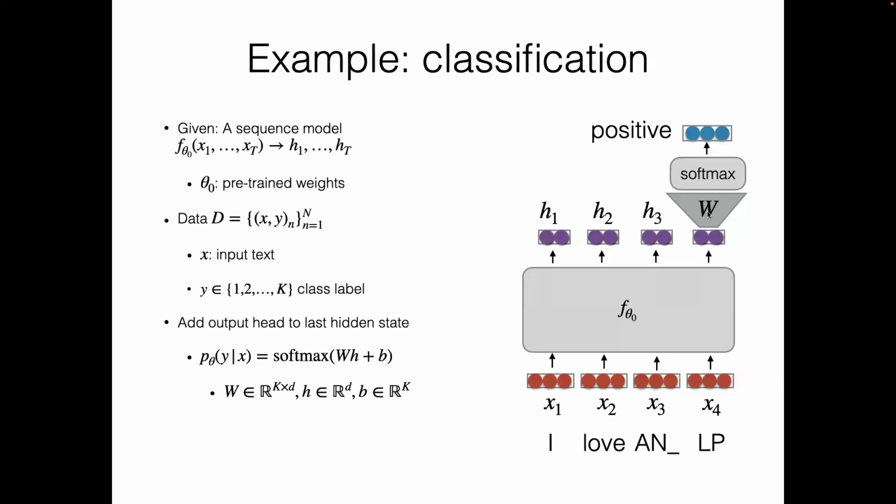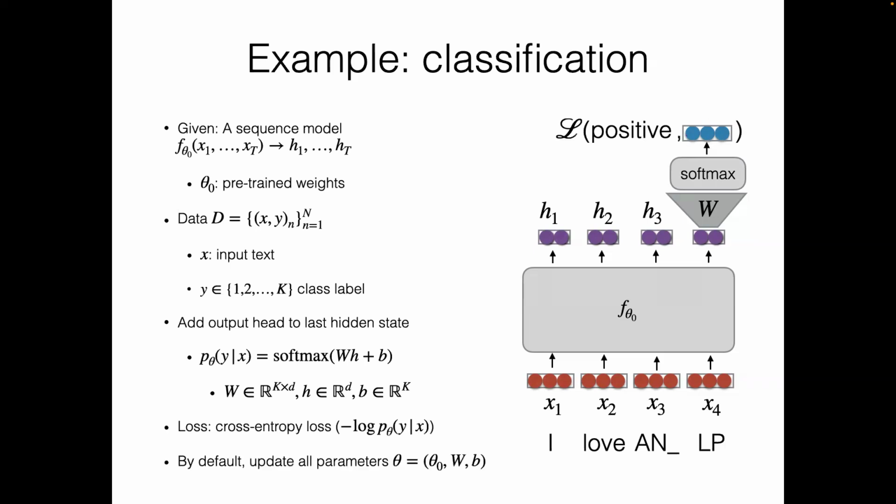Okay, so now that we're introducing this new weight matrix, we have these pre-trained weights and we have these new weights. And so we actually have to further train the model so that it assigns good scores. So for that, we can use a loss function.